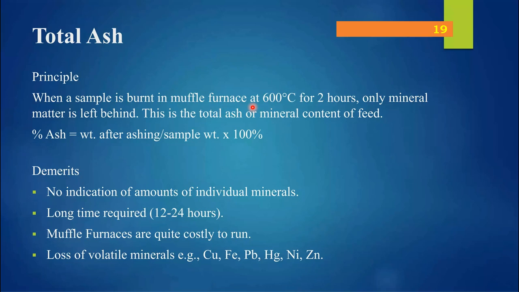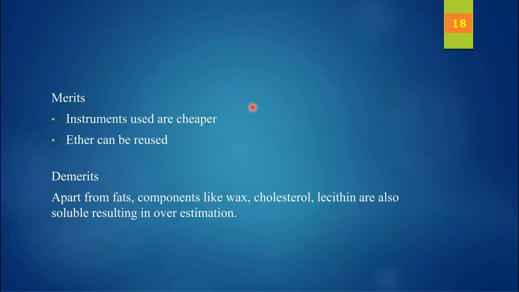Then let us see what the recent developments are in the estimation of total ash in a particular feed or feed ingredients. The merits of calculating the ash are that the instruments we use here are very cheap, simple materials.